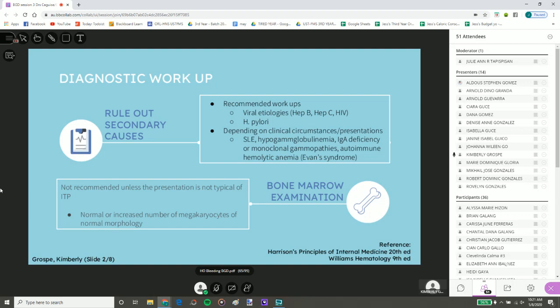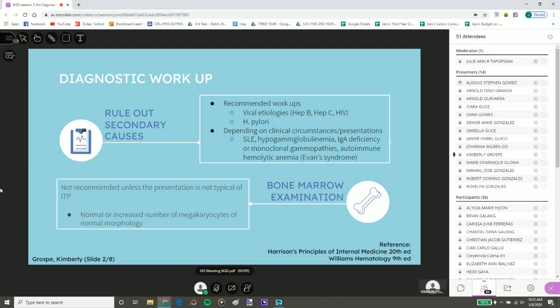Furthermore, to diagnose this as primary ITP, we need to rule out possible secondary causes. Some recommended workups include viral etiologies such as Hep B and C and HIV, and H. pylori. Also, depending on the clinical presentation of our patient, other causes of secondary immune thrombocytopenia should be considered and tested as listed.